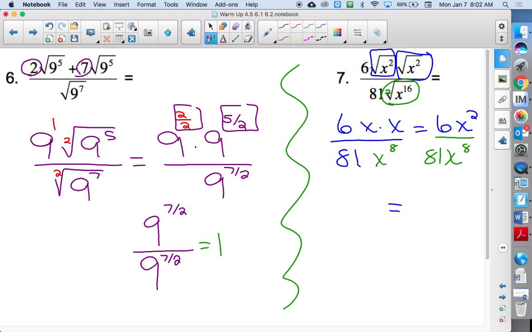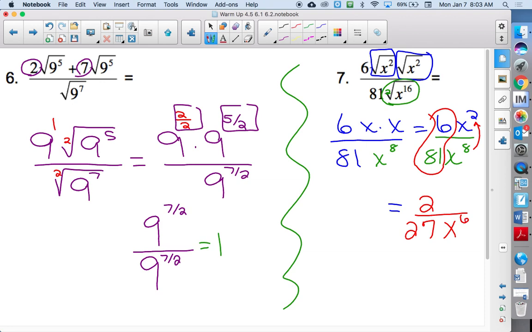You could divide. 6 and 81 share a common factor of 3, so you get 2 and 27, and then you subtract the exponent of the x, so you get x to the 6th on the bottom. Nice job. Good explanation, too.